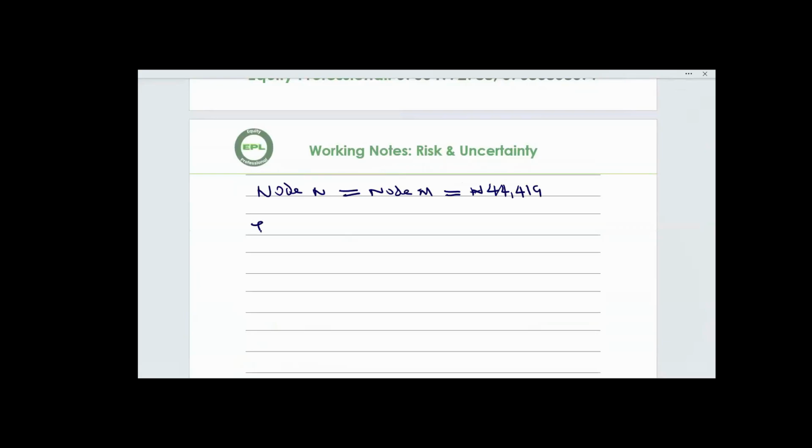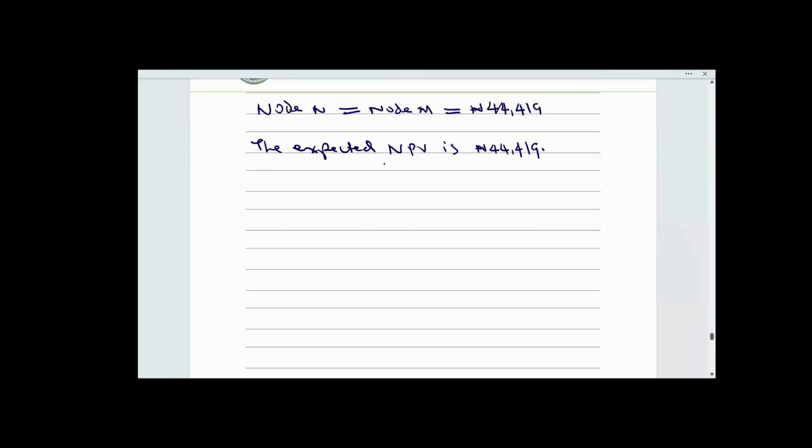We then say the expected net present value is 44,419. Without wasting more time, number B.